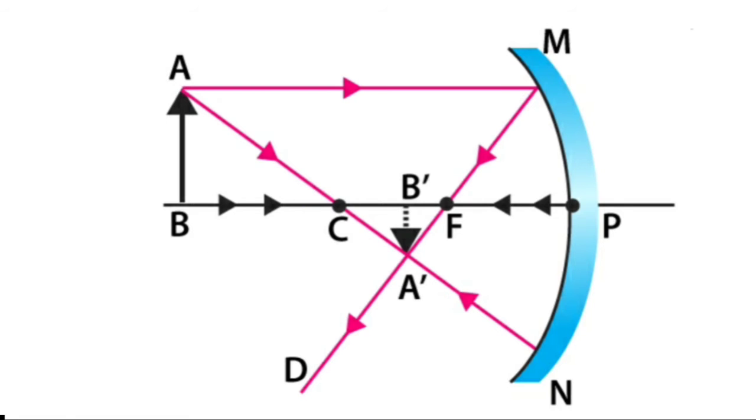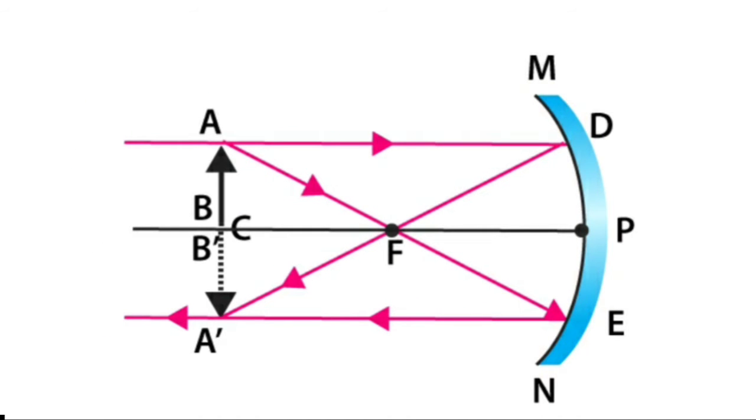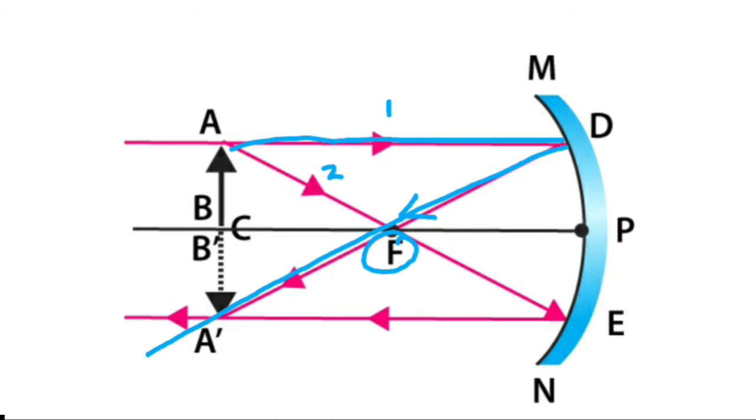Next, now the object is at the center of curvature, which is C. AB is the object at the center of curvature. Again, if we consider two rays, 1 and 2, one ray parallel to the principal axis, after reflecting passes through the focus. Another ray which passes through the focus and is incident on the reflecting surface becomes parallel after reflection.